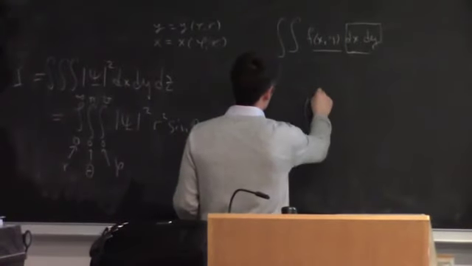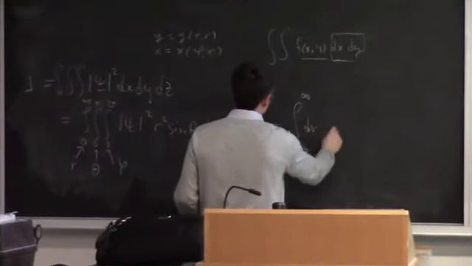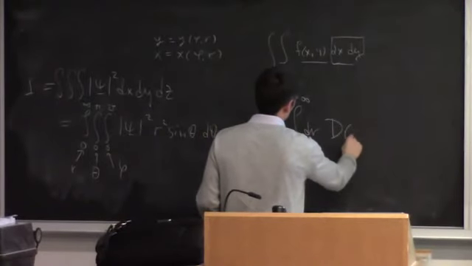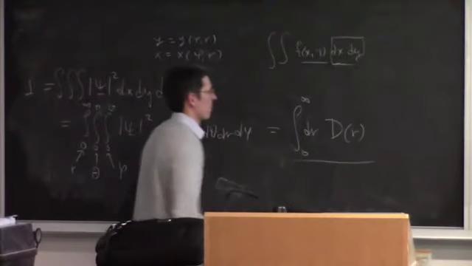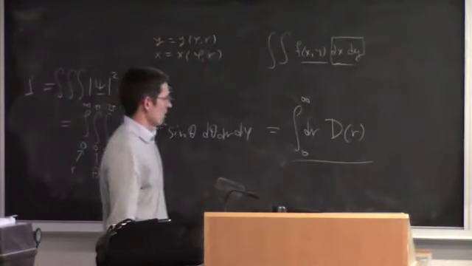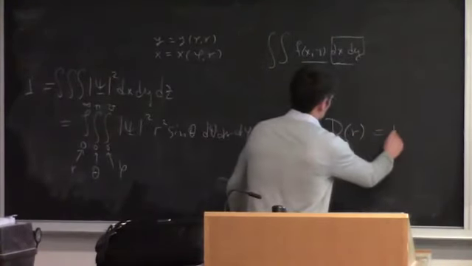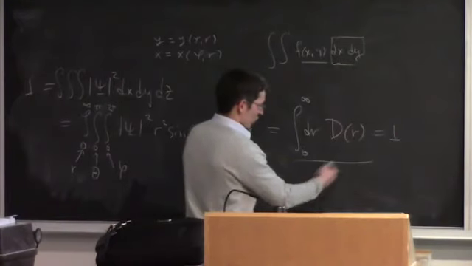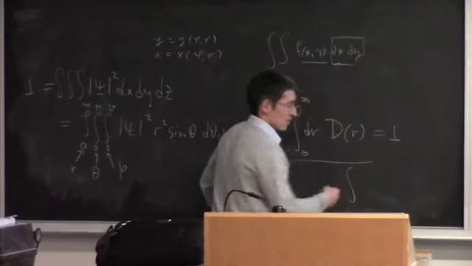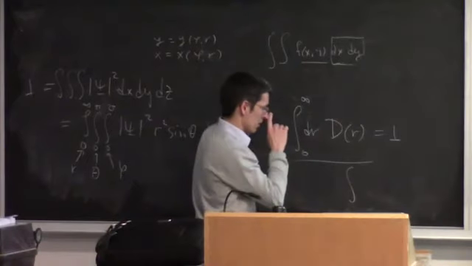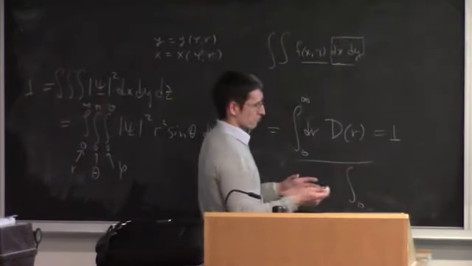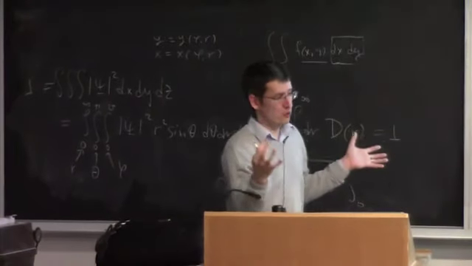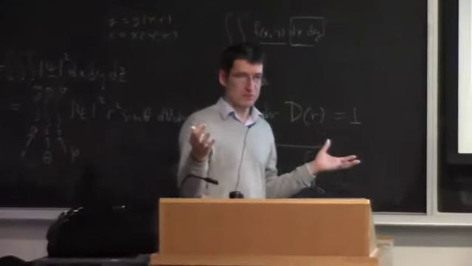So this integral can be written as an integral from 0 to infinity of D dr, right? So a very simple form. And this integral, of course, is 1. Now, what we're getting to is the size of the atom. If you are interested in defining the size of the atom, the most diffuse part of the atom is, of course, the electron, right?